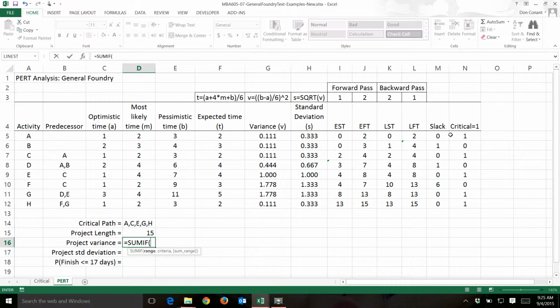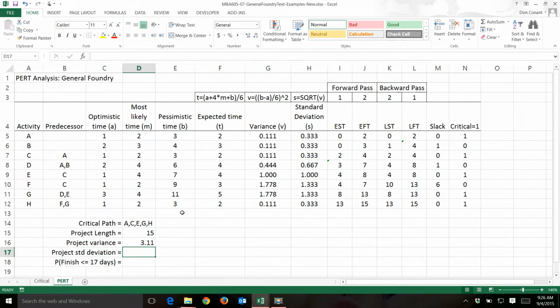I'm going to look down the critical path. If there's a 1, then I'm going to go over to my variance column and get that value, add them together. If there's a 1, it means that activity is on the critical path. Then go to the variance column, take the variance for that activity, and add it up. That gives me a variance of 3.11.